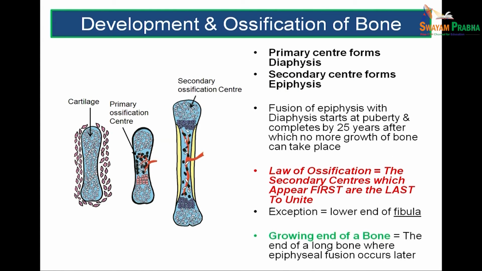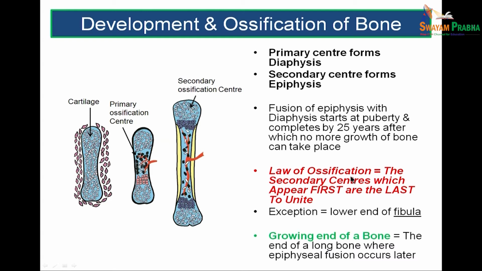The primary center forms the diaphysis, whereas the secondary centers form the epiphysis. Fusion of the epiphysis with the diaphysis starts at puberty and completes by 25 years of age. After this, no more growth in length of the bones can take place.